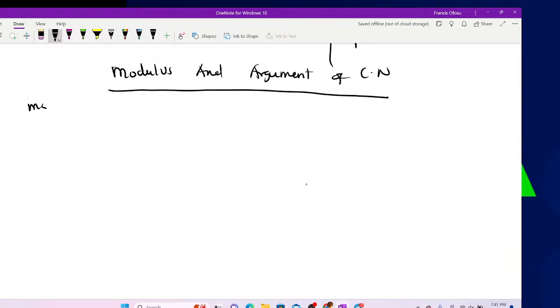Starting with the modulus, let me refer you to the Argand diagram. If I draw something like this, from the origin, I locate a complex number here, where here is, let's say, 1, and this place is, let's say, 3. This is my imaginary axis, this is my real axis, Re.